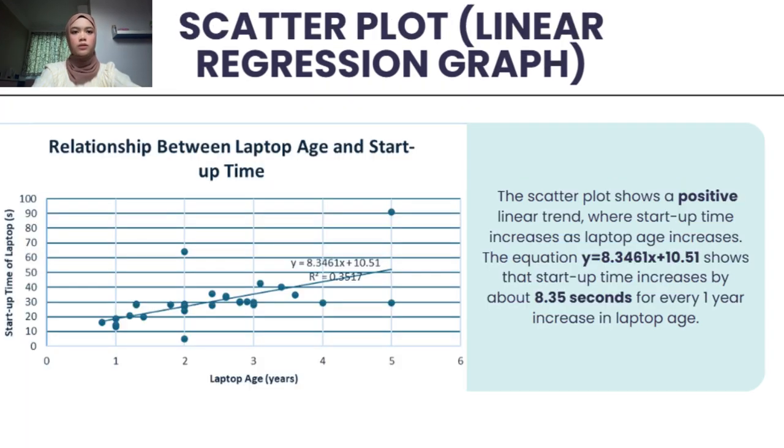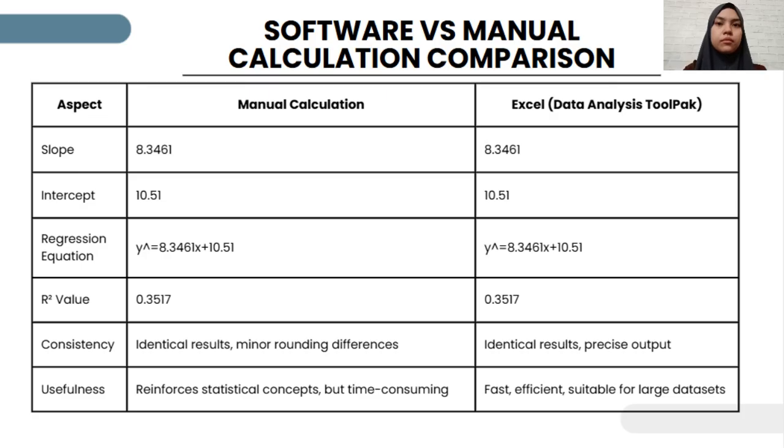This scatter plot shows a positive linear trend between laptop age and startup time. Based on the regression equation, startup time increases by about 8.35 seconds for every 1 year increase in laptop age. This supports the regression results.